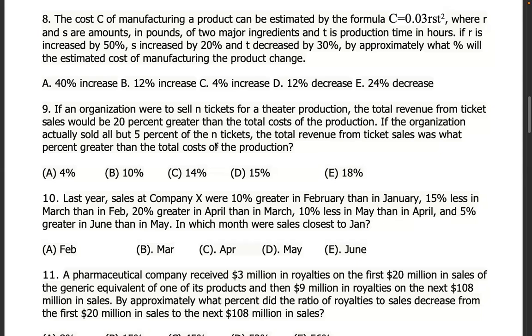Total revenue is how much? Now it is saying 95 tickets are sold. So 95 into 12 will give total revenue. Is that clear?